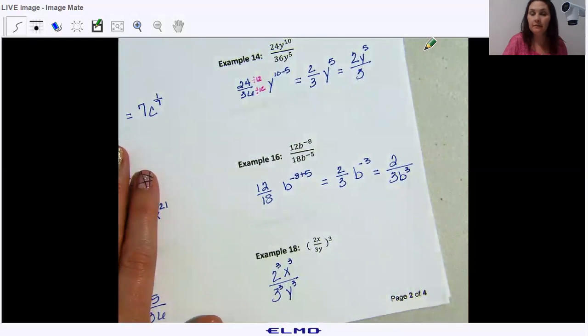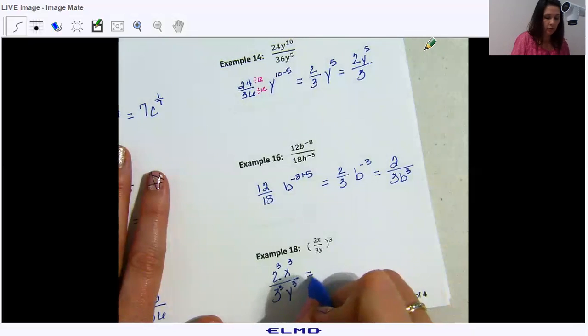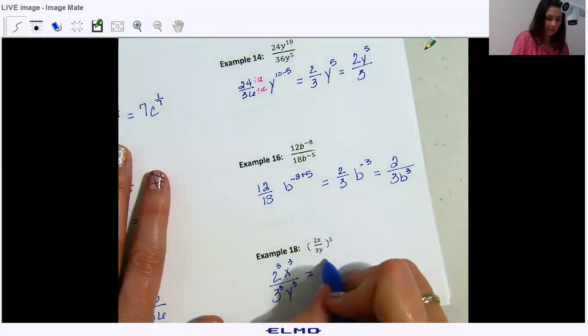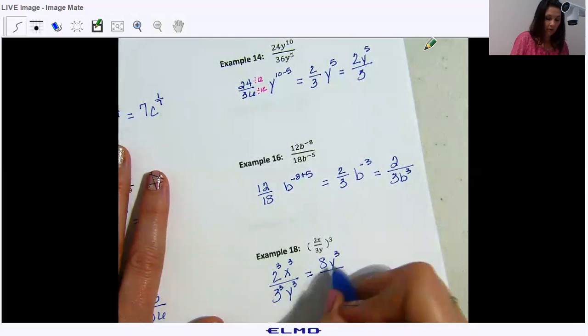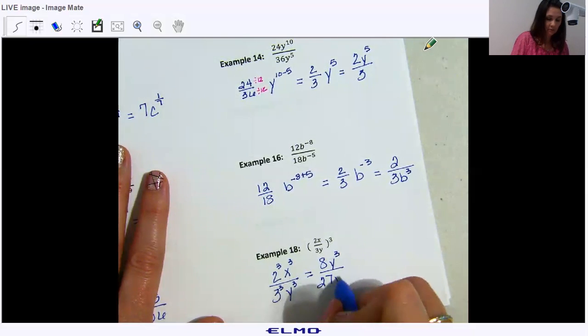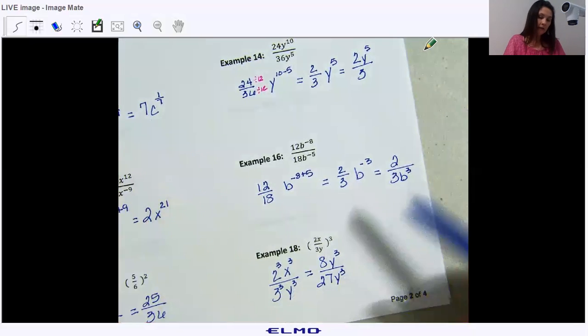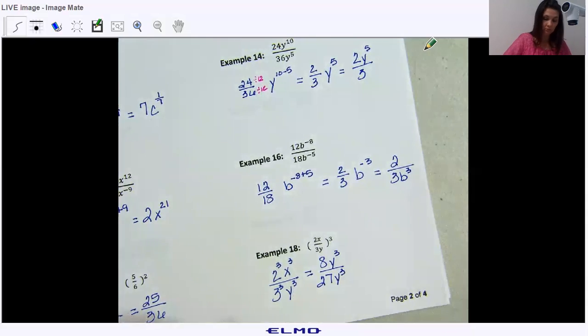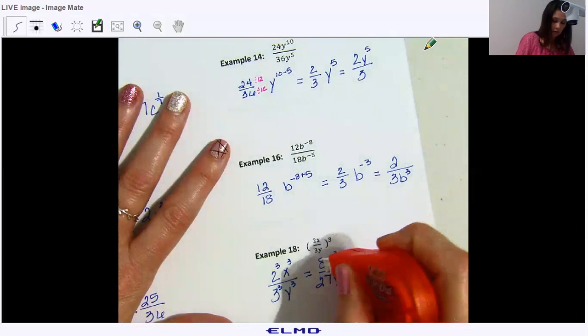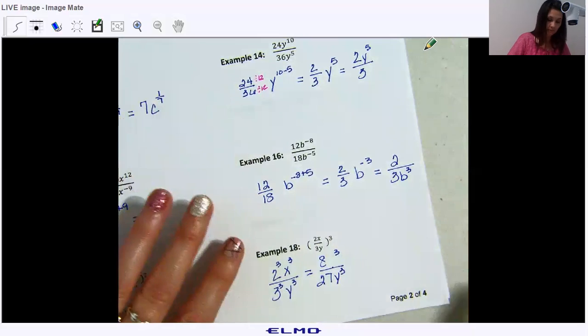And then I can simplify it. So 2 to the power of 3 is 8. 3 to the power of 3 is 27. And I need to, oops, I'm glad I caught that. This should be X, not Y.